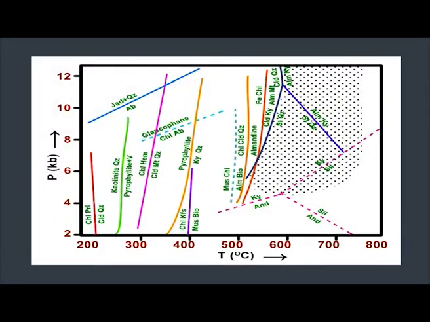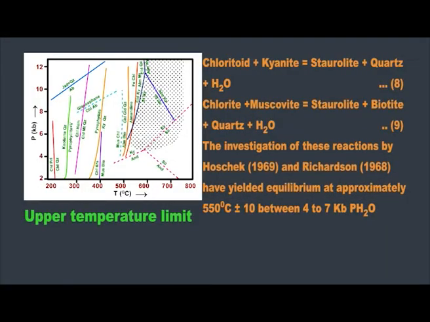Upper temperature limit. The appearance of staurolite is one of the most reliable indicators of the upper limit of the greenschist phases and also for the beginning of the amphibolite phases. Staurolite is formed by the reaction chloritoid plus kyanite gives rise to staurolite plus quartz plus water. That is reaction number 8.